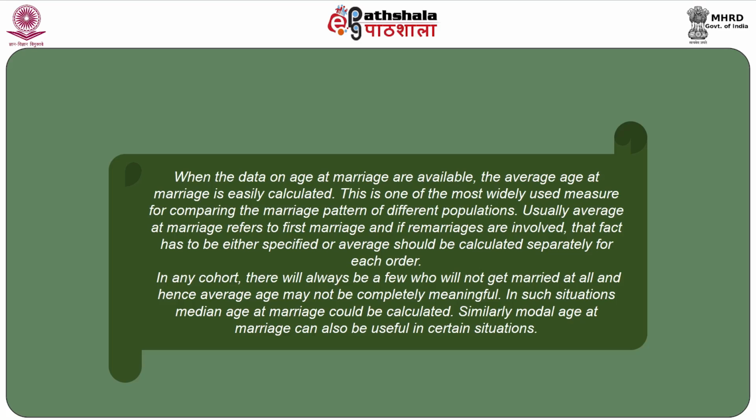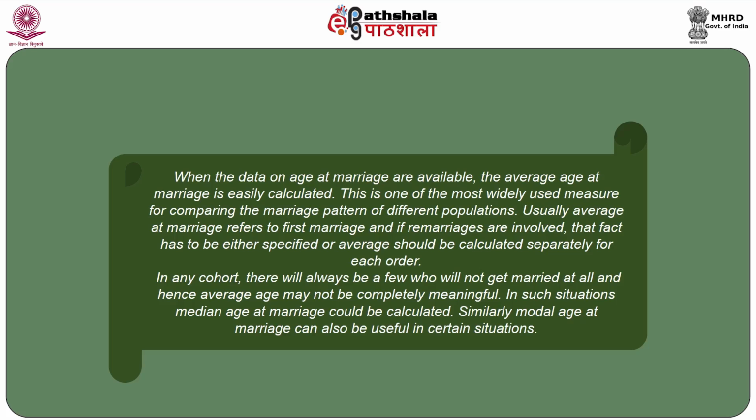This is one of the most widely used measures of marriage that is used to compare the marriage pattern of different populations. Usually, average age at marriage refers to the first marriage, and if remarriages are taking place, that fact has to be either specified or average should be calculated separately for each of the marriages in order.